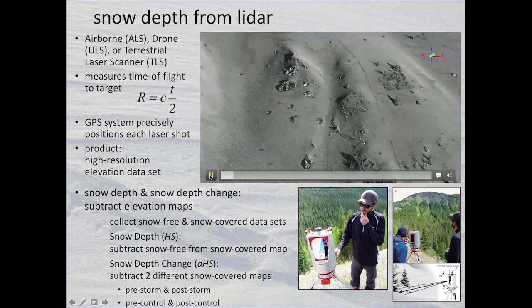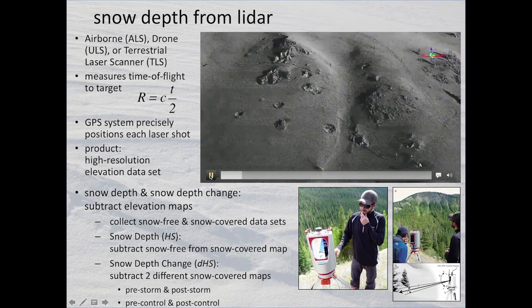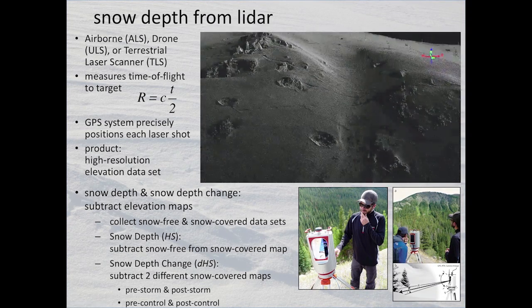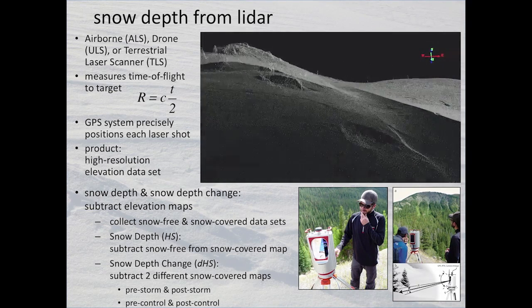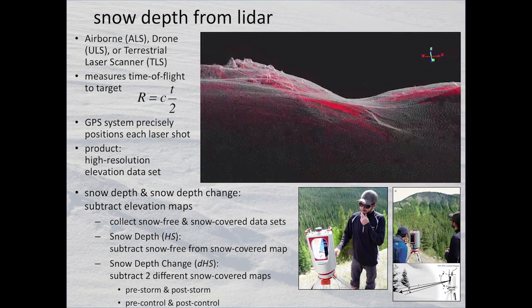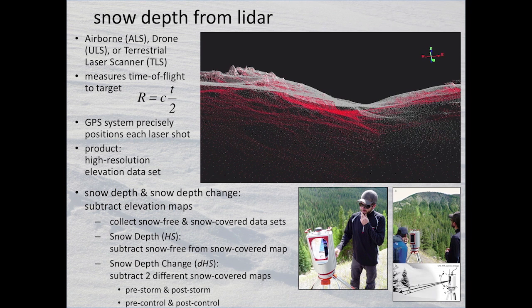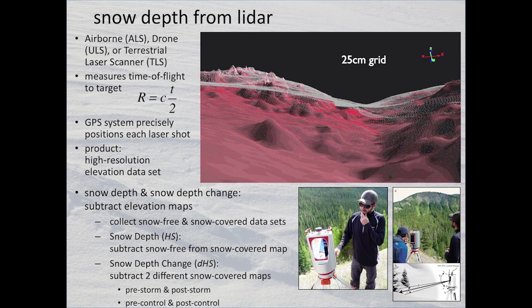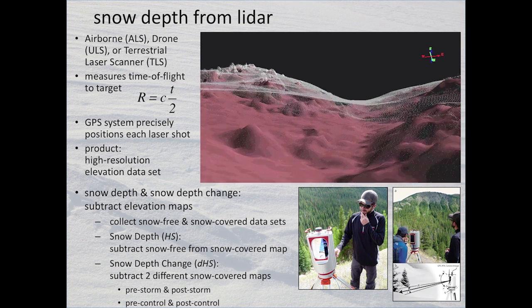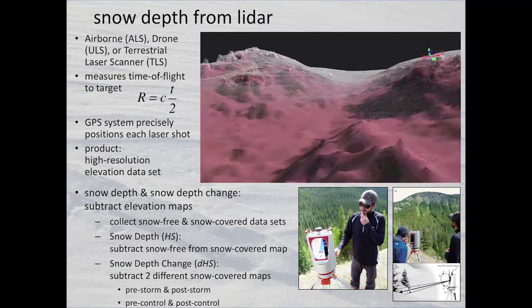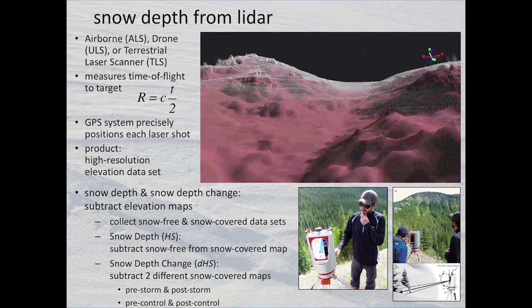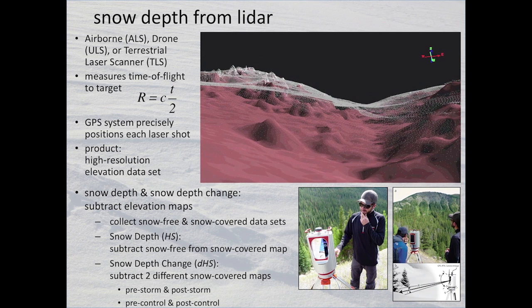So there's several different ways that we can collect LIDAR data: from airborne, drones, or terrestrial laser scanners. Basically, it's a time of flight measurement. It times how long the laser pulse takes to go from the instrument to the target and back. Because we know the speed of light, we can turn that into a range. Coupled with a GPS system, we can then locate each one of those points in space very precisely. And so the basic product is a high-resolution elevation data set.